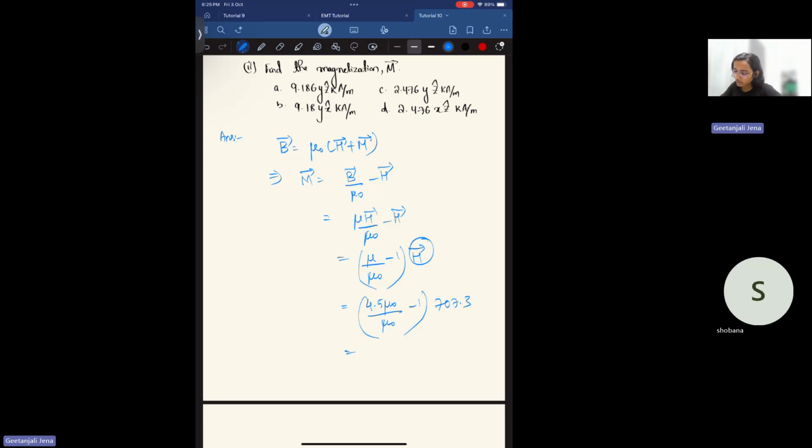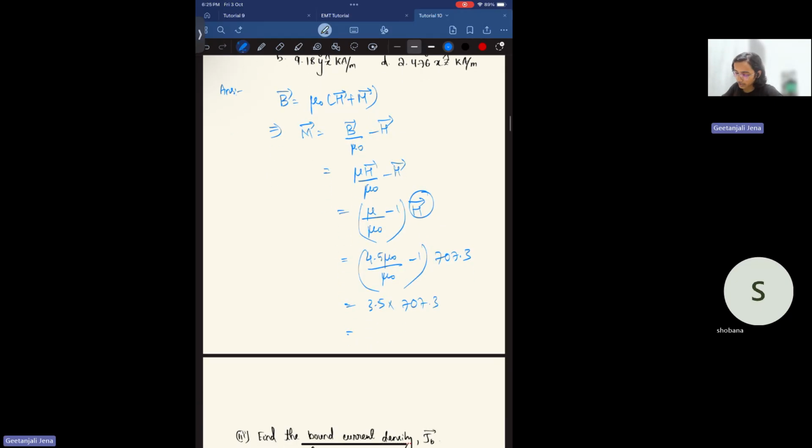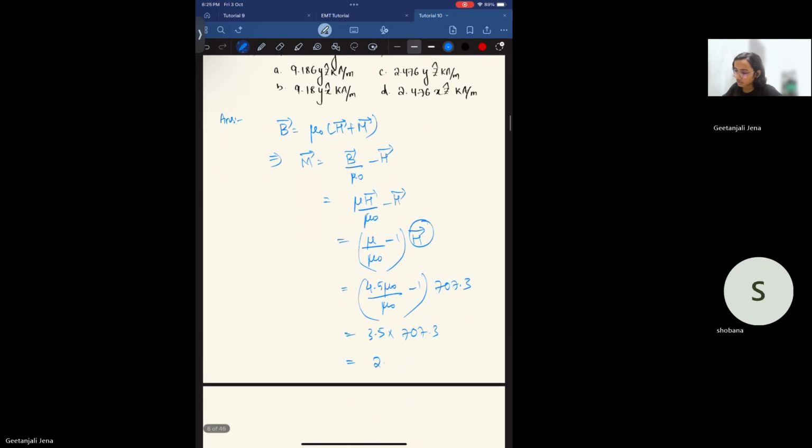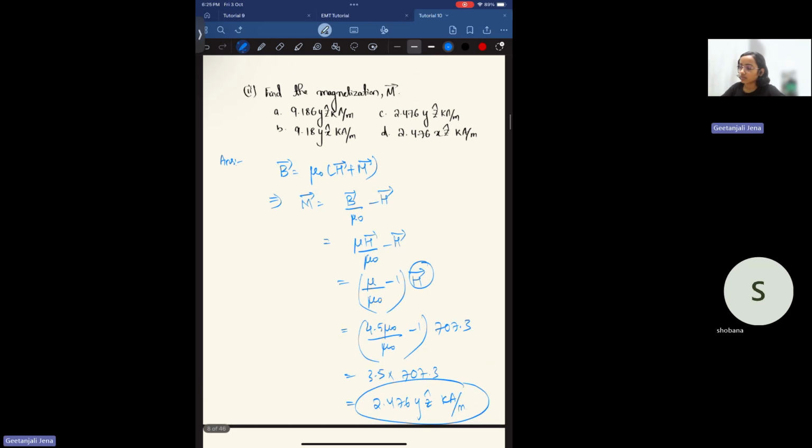So this will give 3.5 into 707.3, and this will give 2.476 yz k-hat kilo ampere per meter. Option C.